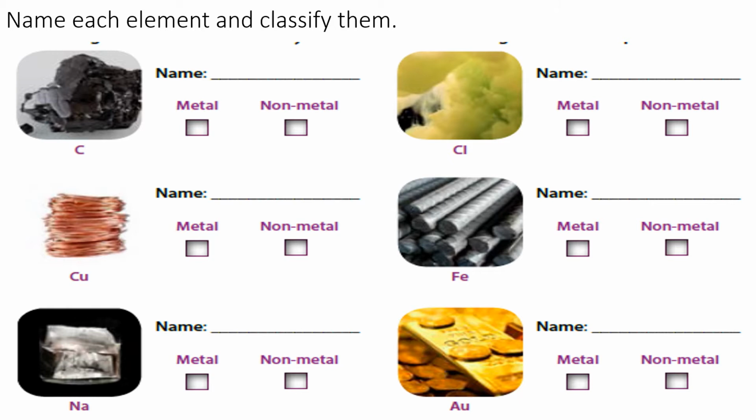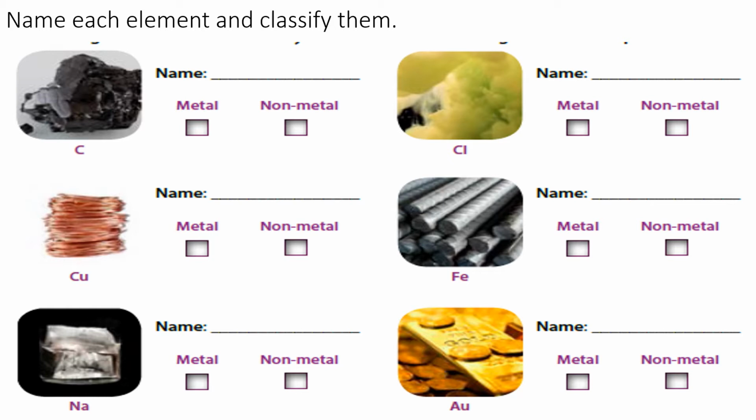Using your periodic table, let's try to name each element and classify them. You can pause this video to think of the answers. Once you're done, you can play it again. Okay, let's start. Letter C, what element is letter C? If you look at your periodic table, that's carbon.